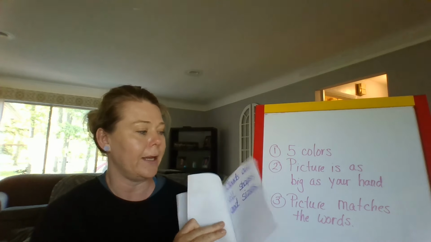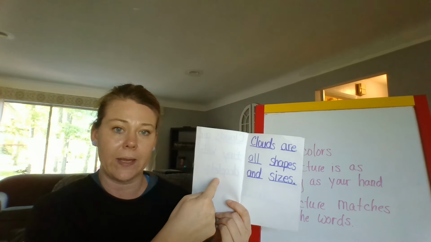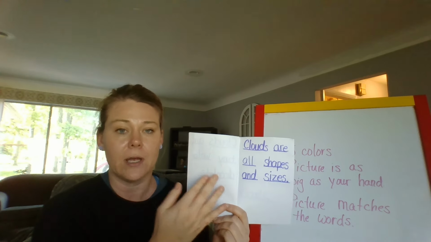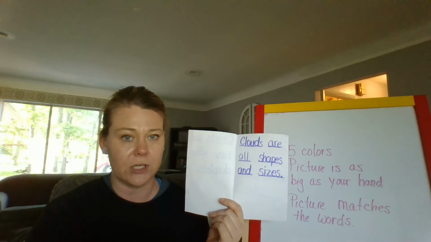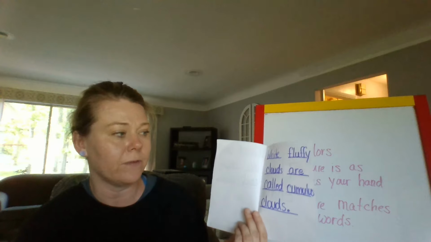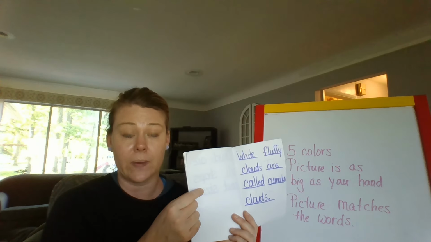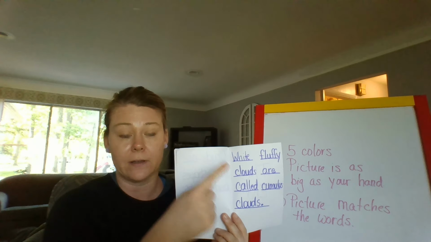And then on the next page, I wrote clouds are all shapes and sizes. So on this page, I should draw a picture that matches that clouds are all different shapes and sizes. And then my final fact was white fluffy clouds are called cumulus clouds. So I want to make sure on this page I have some white fluffy clouds.